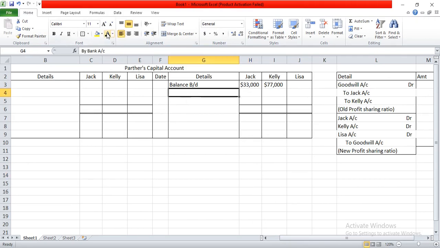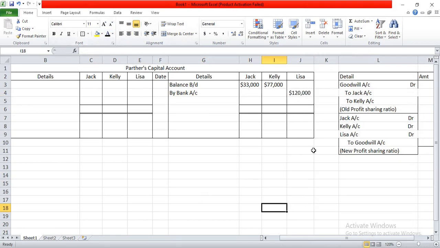Now Lisa entered the partnership and brought in capital. So the journal entry is bank account debited to capital account, and she brought 120,000. Then we pass the first journal entry: goodwill account credited to Jack and Kelly. So we write goodwill in Jack's and Kelly's accounts, and the amount of goodwill is 52,500.